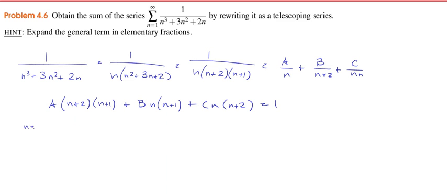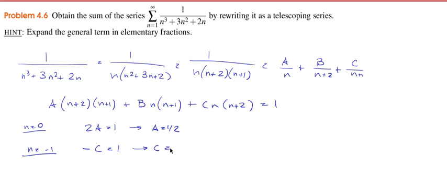So if n equals 0, then this term and this term cancel out, so we have 2 times 1, 2a equals 1, so a is 1/2. Now if n equals minus 1, then n plus 1 equals 0, so this cancels out, and then we have minus 1 times minus 1 plus 2, which is 1, so minus c is 1, if I'm correct.